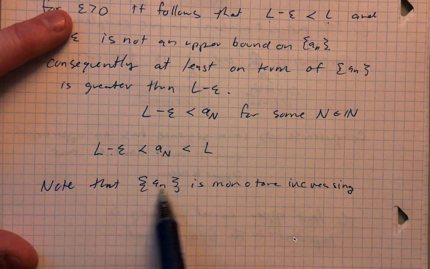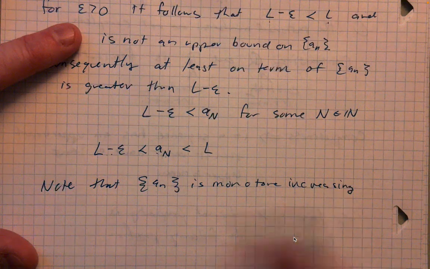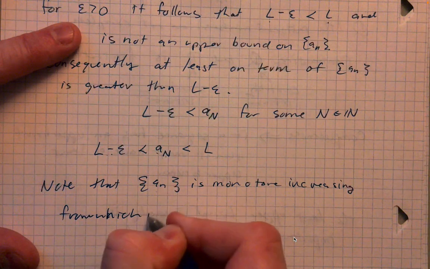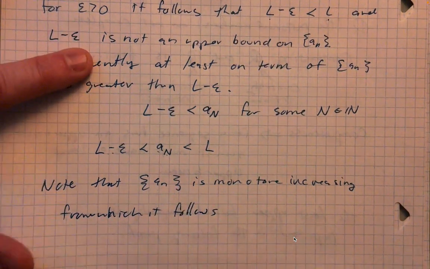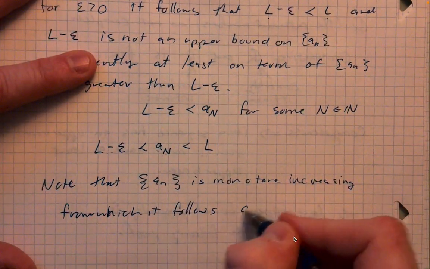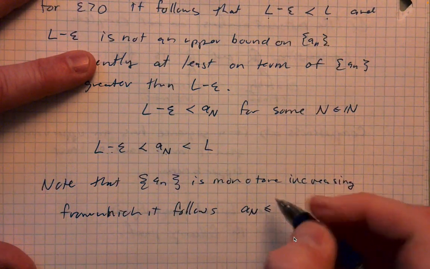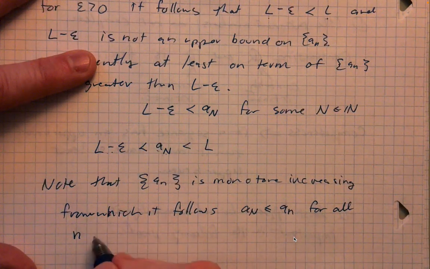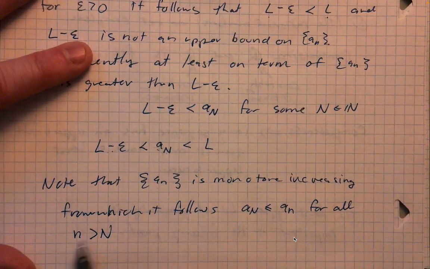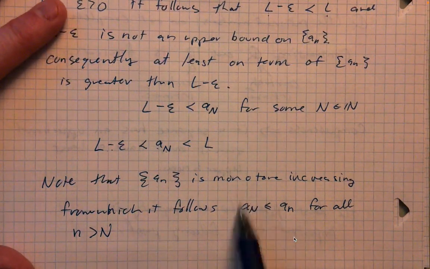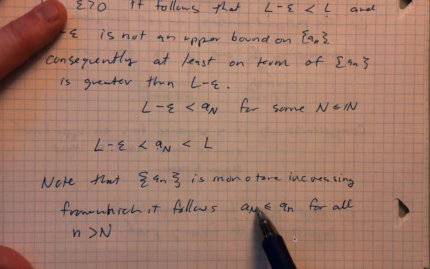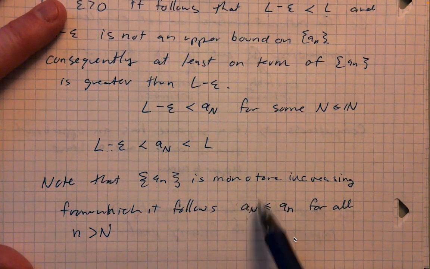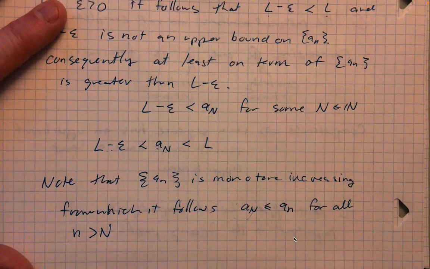So the sequence is monotone increasing, and from this it follows that A of big N is less than or equal to A of n for all n larger than big N. Remember, this is an infinite sequence, so for everything after A of big N, this is smaller. It is less than or equal to everything that comes after it.